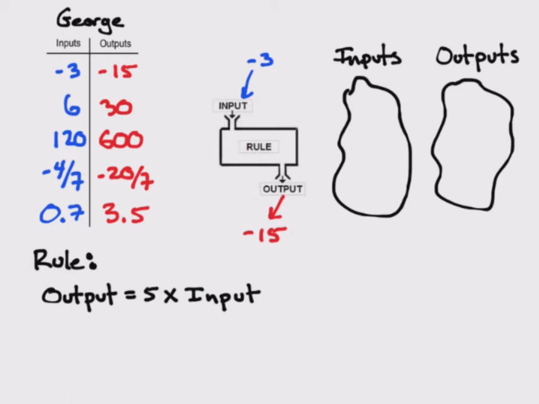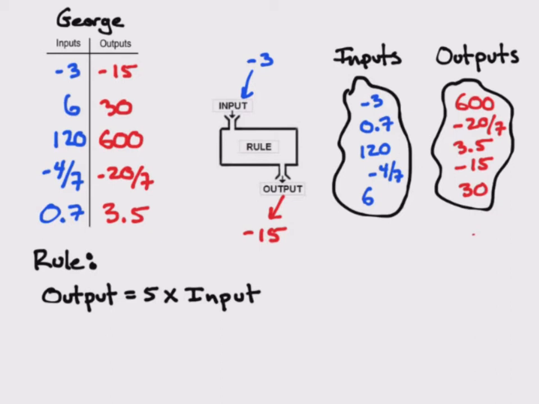In our blob labeled inputs, let's put all of our inputs, and for the blob labeled outputs, let's put all of our outputs. And now that we have all of our inputs and outputs in their respective blobs, all we do is connect our inputs to their respective outputs with lines.